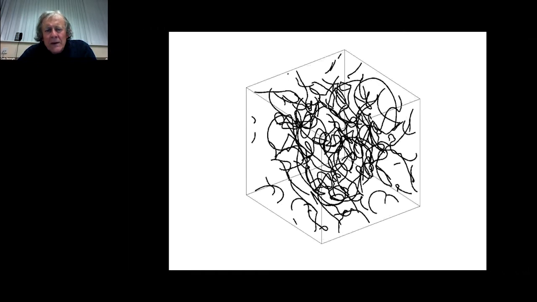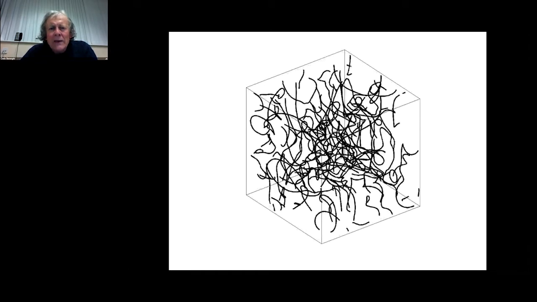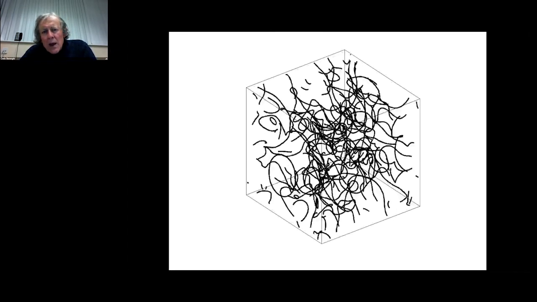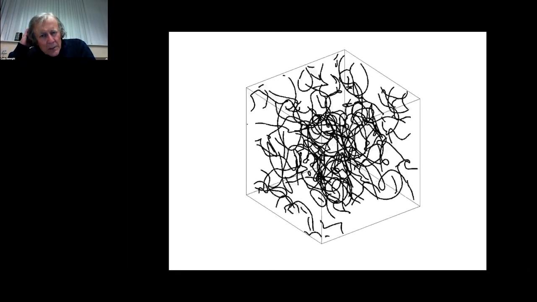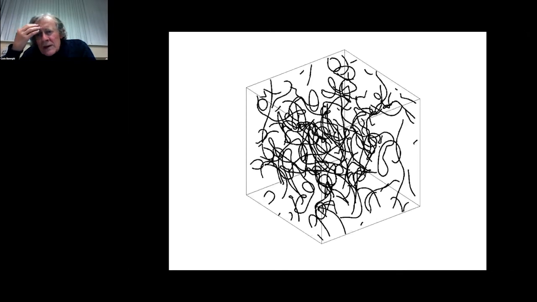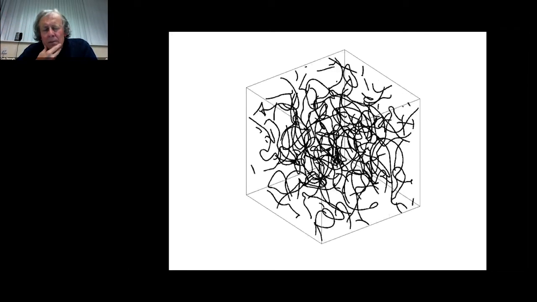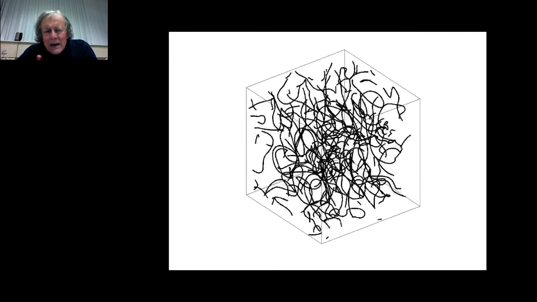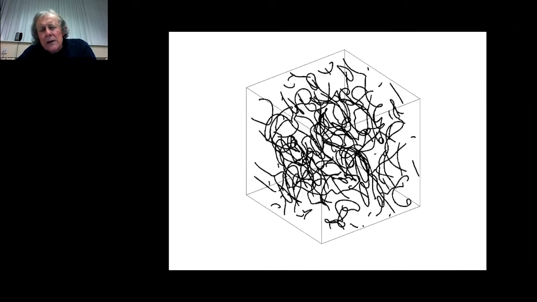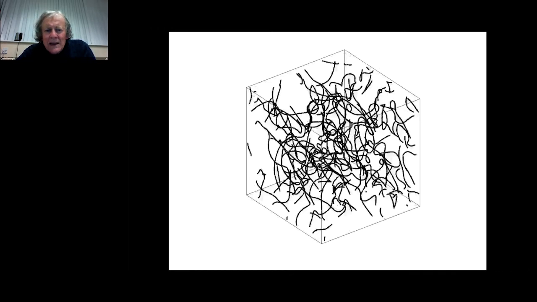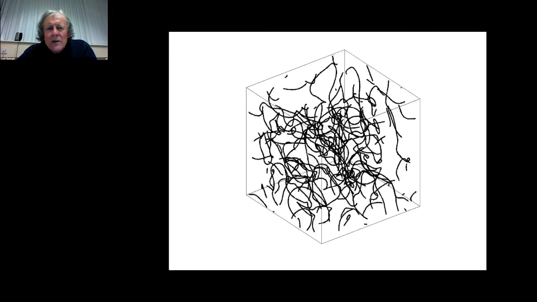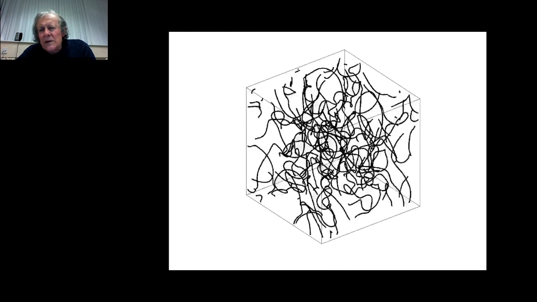So the question is, is this stuff knotted? Now here we have a periodic box, however. The calculation was done in a periodic box. So immediately there is a problem which appears, a slightly technical problem which one should overcome, and there are ways to do it. It would be better, at least at the initial stage of investigation, not to have to do with a system which is periodic.